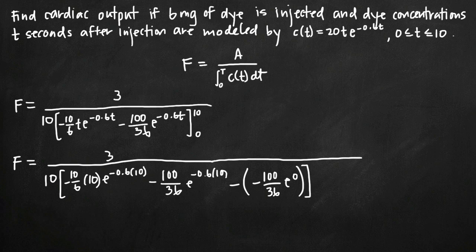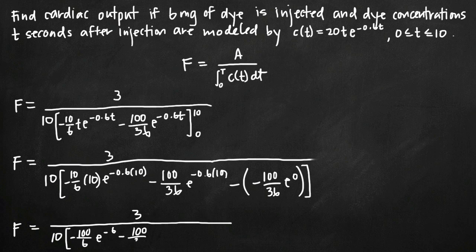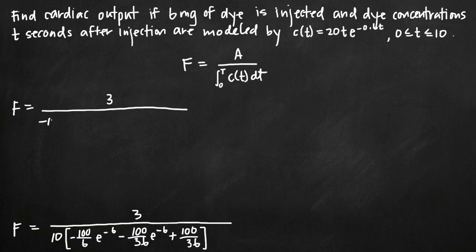And now we can just finish our simplification. We'll simplify the coefficients and the exponents. We'll distribute the 10 and then start factoring.